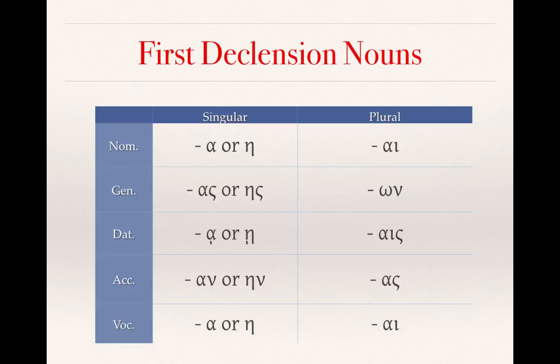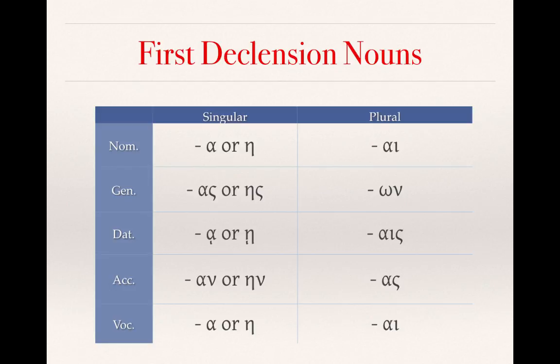So a or a, as or ace, a or a, on, ain, a or a, and then the plural is I, own, ice, as, I. So you can see on the left column, these are our 5 cases: nominative, genitive, dative, accusative, and vocative. And the form changes for each of those cases and then changes again for the plural rather than the singular, as you can see here.